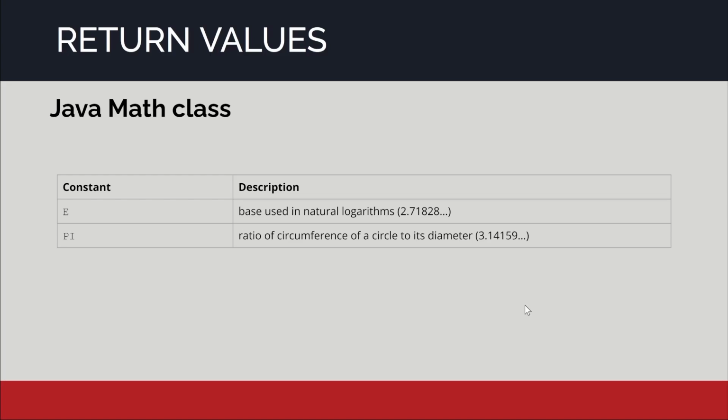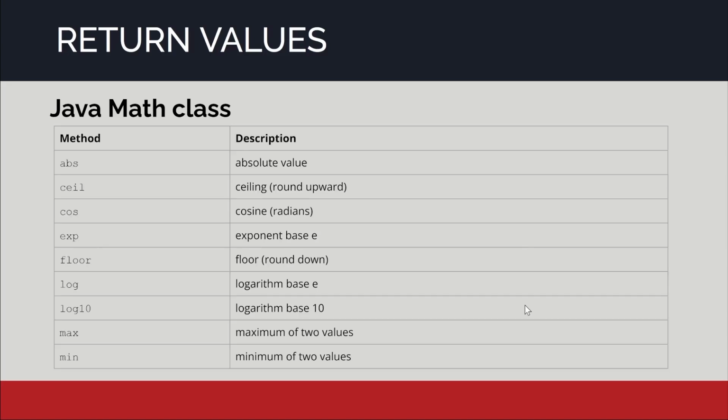In Java's Math class, there are a bunch of methods that are really useful. Here's a few of them. There's a lot more. These are pretty straightforward. ABS is just absolute value. If you pass something in, it's going to do the mathematical absolute value. Ceil is short for ceiling. It's going to round up.